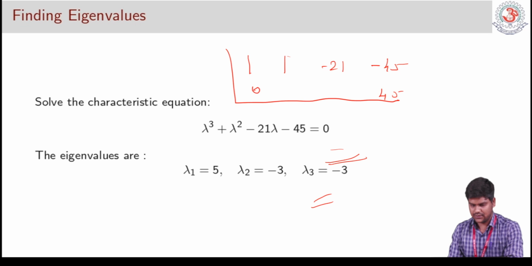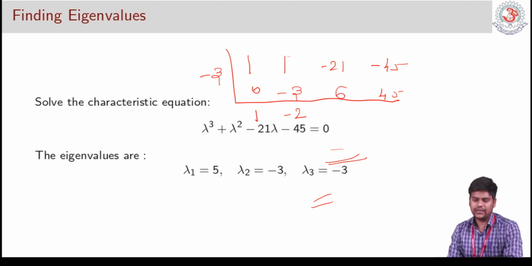So the first possible value is minus 3. If we take minus 3 here, 1 plus 0 is 1. Minus 3 into 1 gives minus 3. So 1 minus 3 is minus 2. Minus 3 into minus 2 is plus 6.